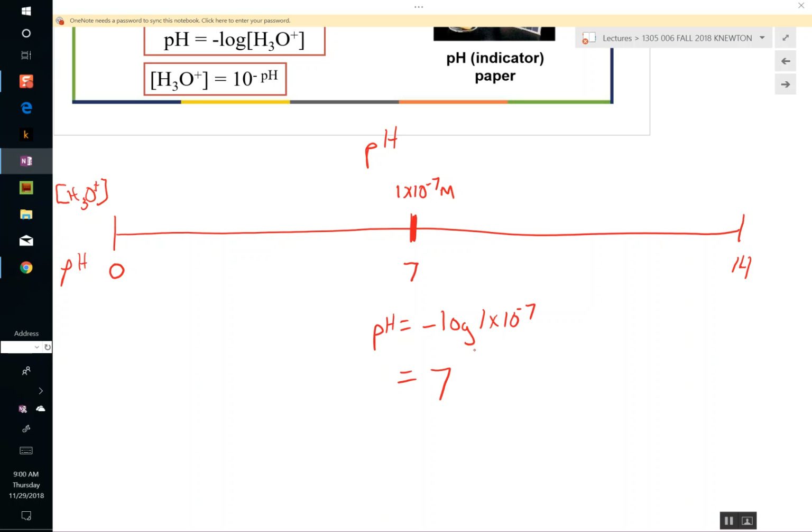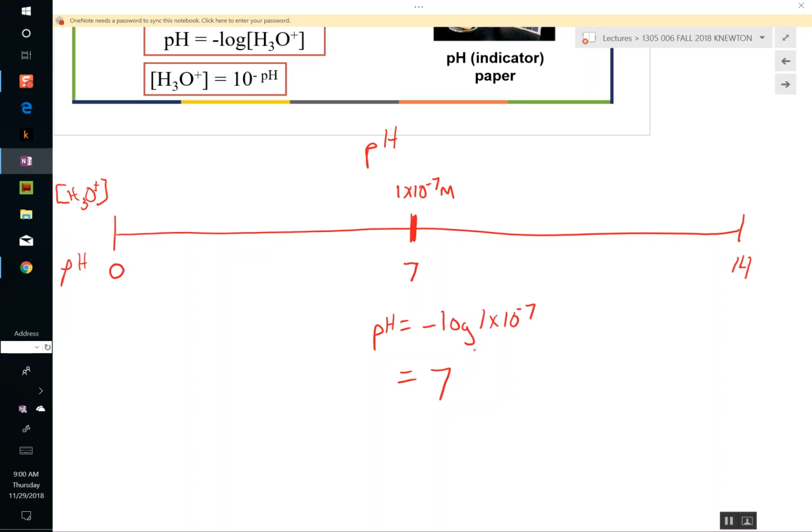If the hydronium ion concentration was essentially 0, if the hydroxide ion concentration is really high, the hydronium ion concentration would be like 1 times 10 to the minus 14th. And if you took the negative log of that, you get the number 14.